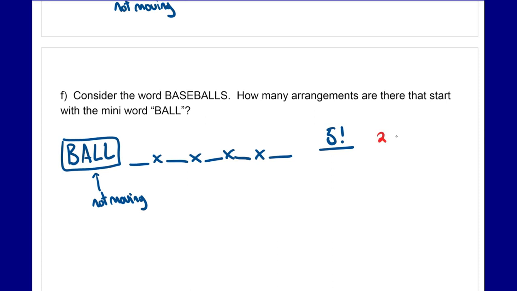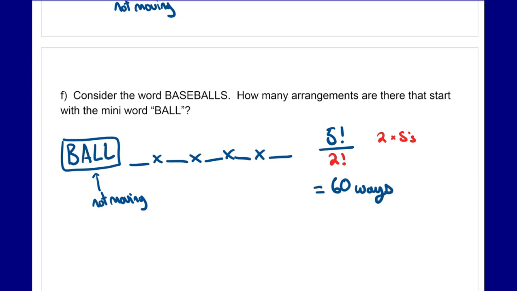But we have two S's now, so we have to divide by 2 factorial to take care of those two identical S's that could be in different spots in those 5 remaining slots. So 5 factorial divided by 2 factorial gives us 60 arrangements.